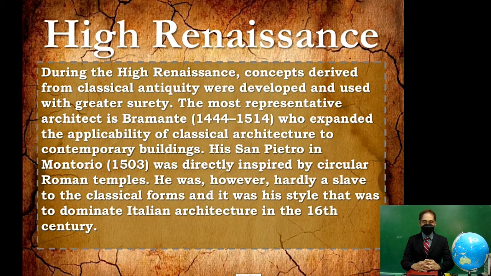His San Pietro in Montorio, 1503, was directly inspired by circular Roman temples. He was, however, hardly enslaved to the classical forms, and it was his style that would dominate Italian architecture in the 16th century.